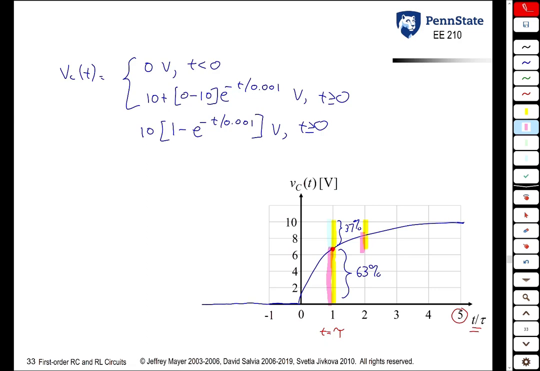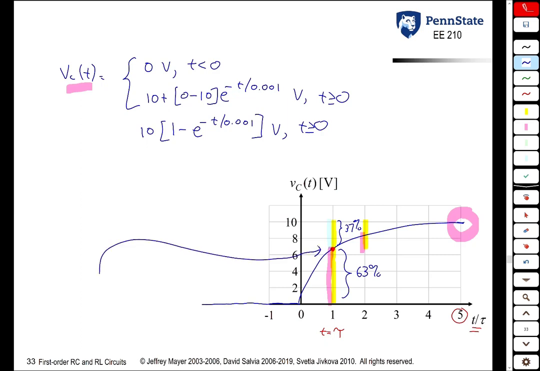So what happens is, every time you progress another time constant, it gets 63% of the way closer to the final value. By the time you get to 5 time constants, it is virtually there. Technically, this function never equals 10 volts. But nevertheless, we say that after 5 time constants, it's virtually there.